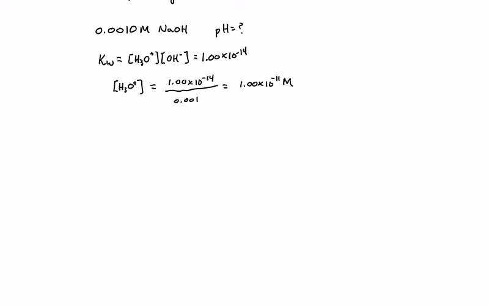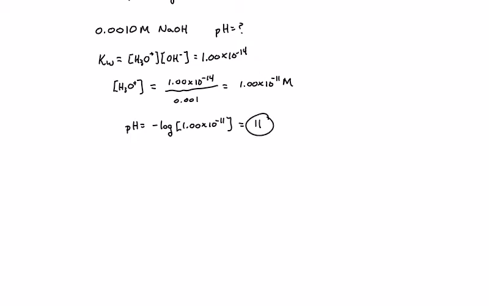Okay, now we can plug this into our pH equation. So pH is going to be equal to the negative log of the proton concentration, or the hydronium concentration, which is 1 times 10 to the negative 11th molar, and we wind up with 11 as our answer.